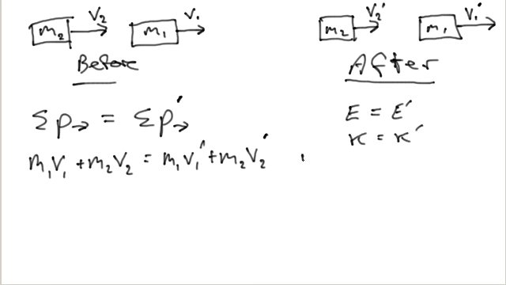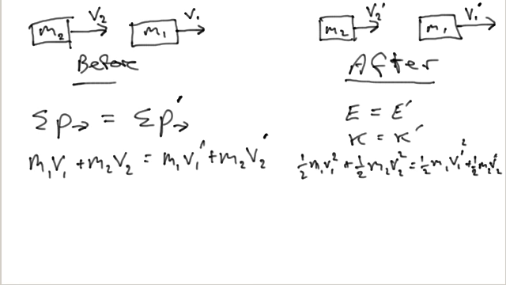So you've got 1/2 m1 v1 squared plus 1/2 m2 v2 squared equals 1/2 m1 v1 prime squared plus 1/2 m2 v2 prime squared.